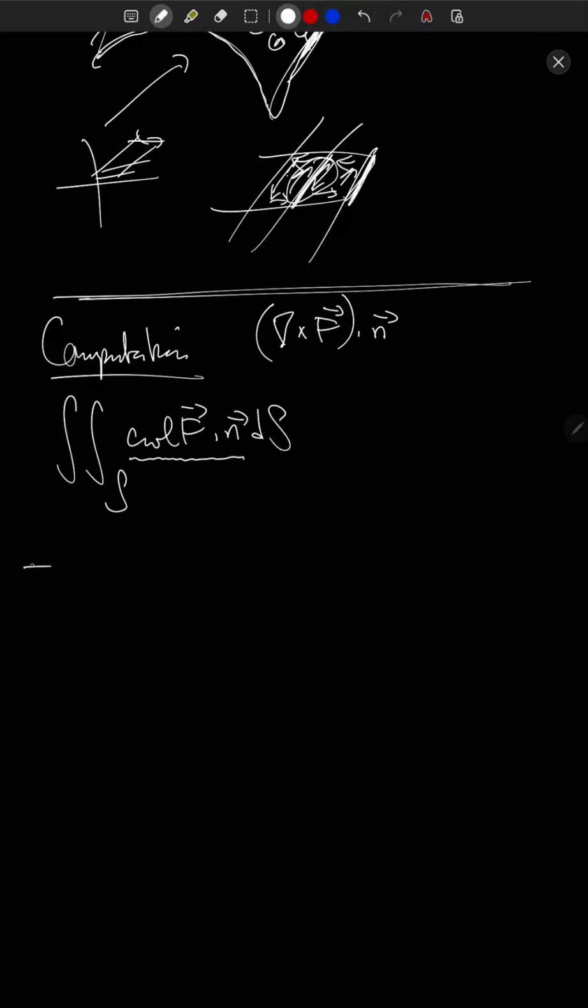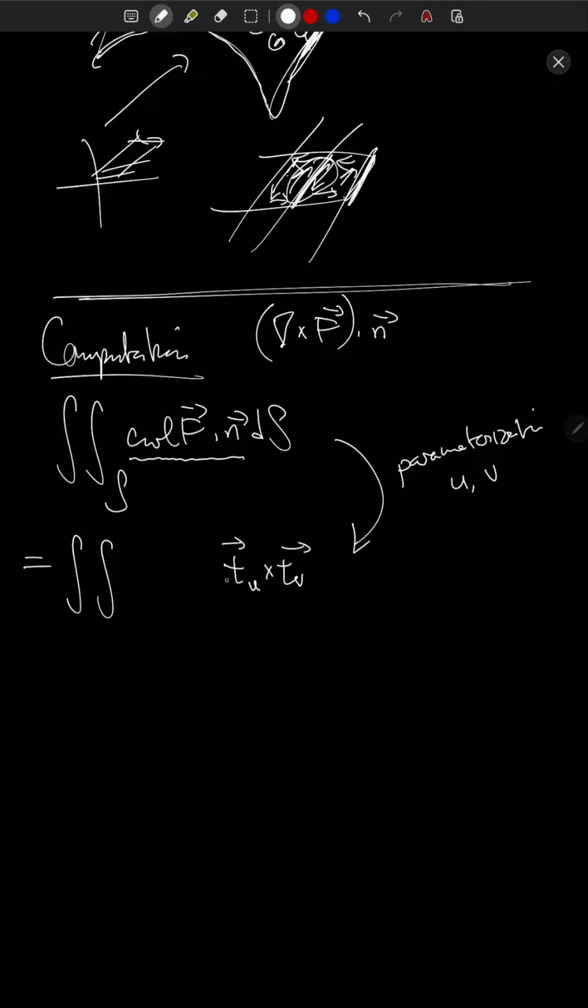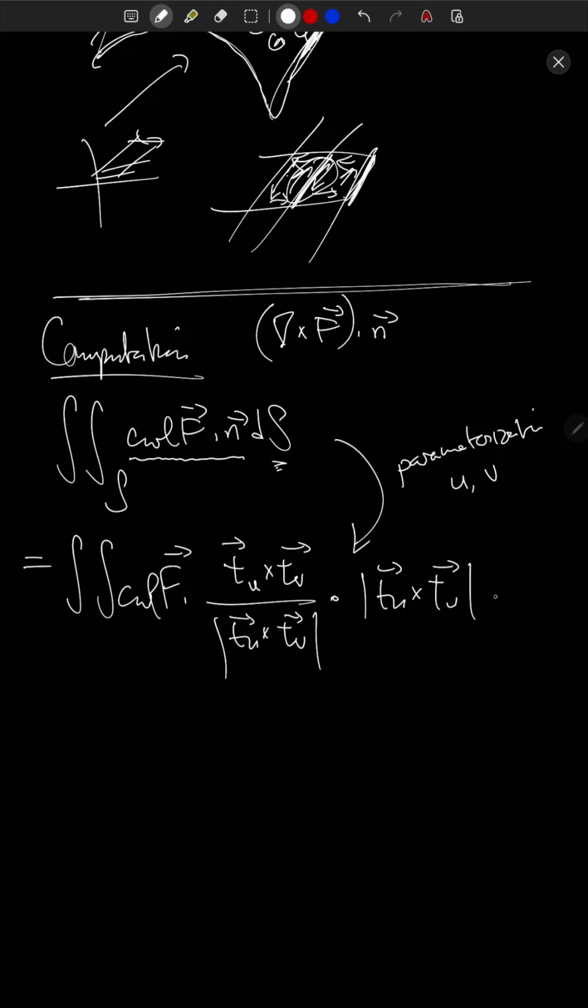So technically you already know how to do it. But remember that we do have a shortcut. If you do a parameterization, with u and v, let's say, then n is going to be T_u cross T_v over the length of T_u cross T_v. Then this is going to be curl of F dot that. And then dS becomes the length of T_u cross T_v, du dv, and so these two cancel out.